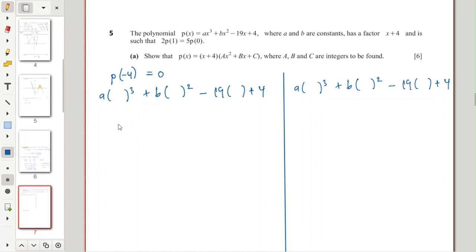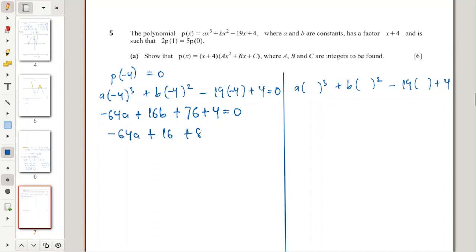All right, so I'm going to put in negative 4, negative 4, negative 4, and everything should be 0. So this will give me negative 64a, 16b, positive 76 plus 4 is equal to 0. So here I'm getting negative 64a plus 16b plus 80 is equal to 0.